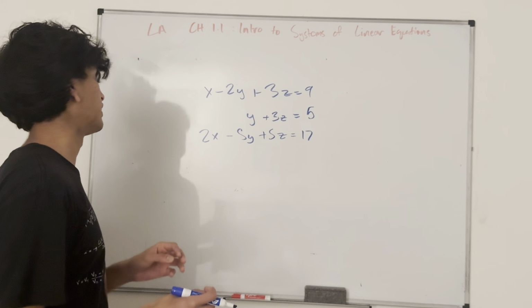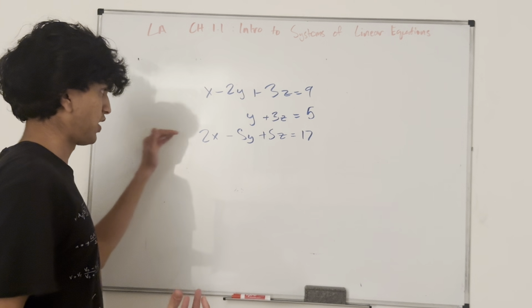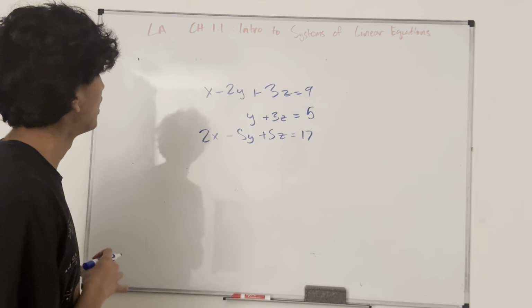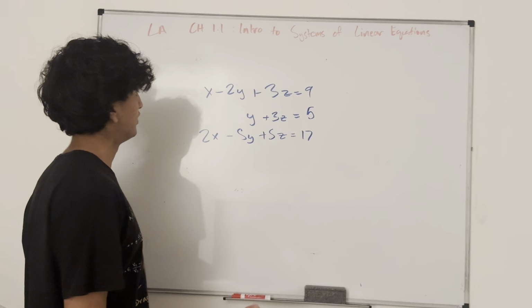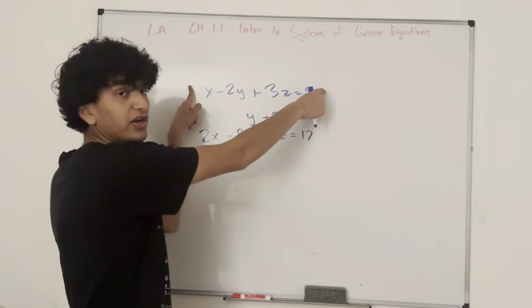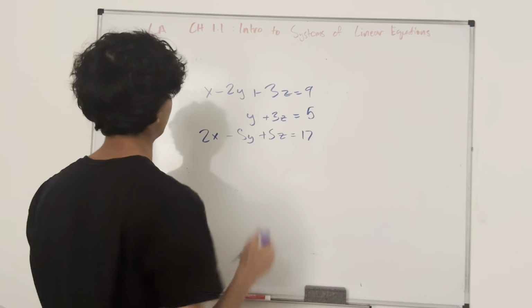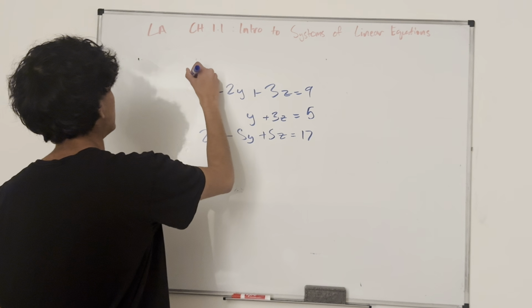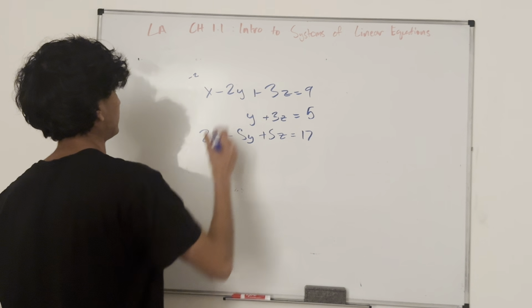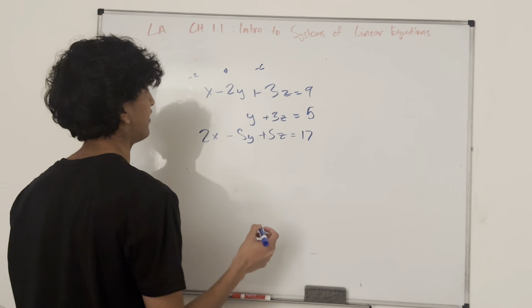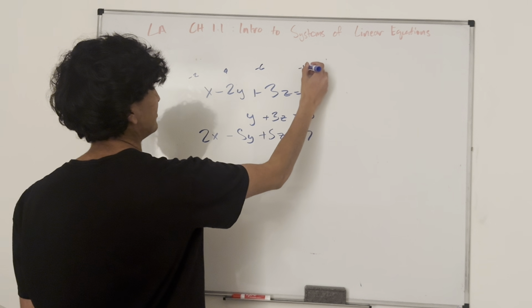Now, how do I get rid of the x's here? I'm going to need to do this equation times negative 2 added into here. I'm just going to write the coefficients to help me out. So I'm going to have negative 2. When I multiply this by negative 2, I'm going to have positive 4, negative 6, and negative 18.